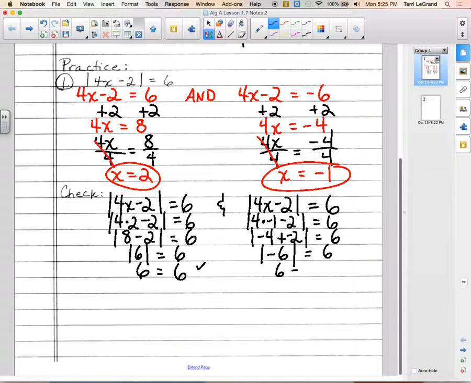It is 6 units away. So we end up with a true statement again and can say that it checks. We're feeling good about our second solution, x equals -1 also. So we have two solutions, x equals 2 and -1.